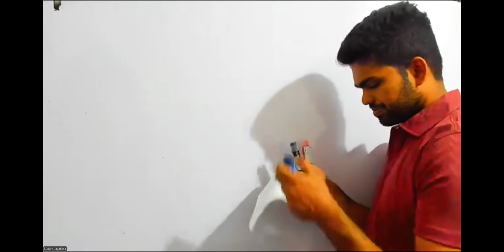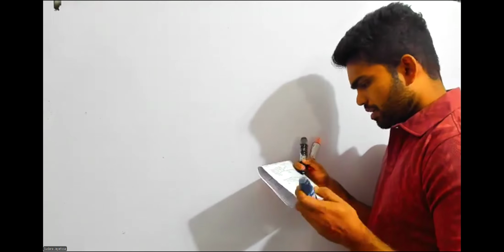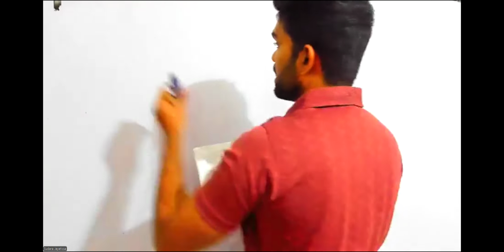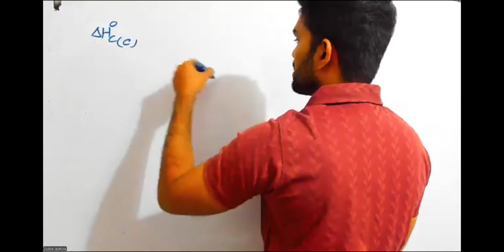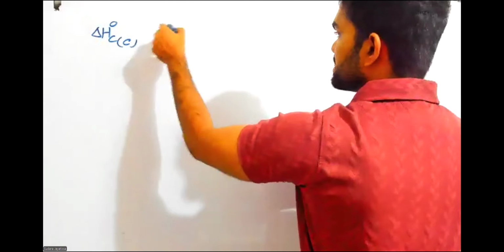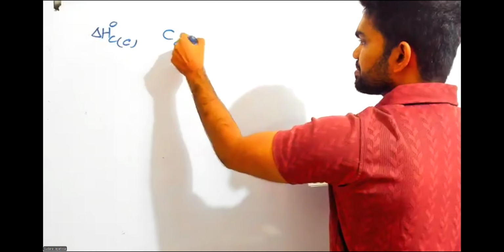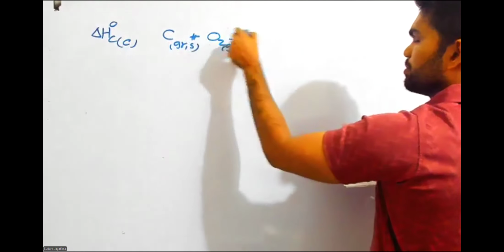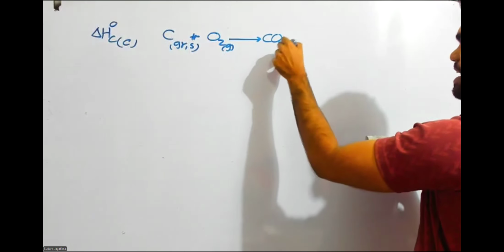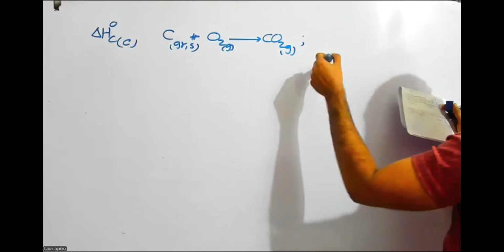So now it's given combustion of carbon. What is the equation? Carbon graphite solid reacts with O2 gas to form carbon dioxide gas. So this is the combustion equation.